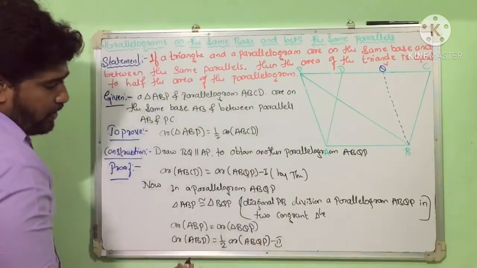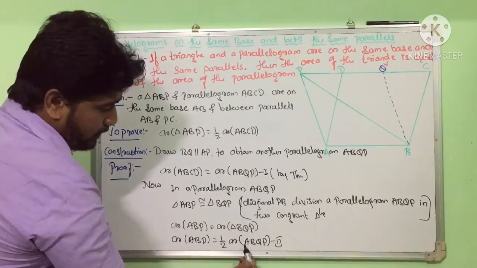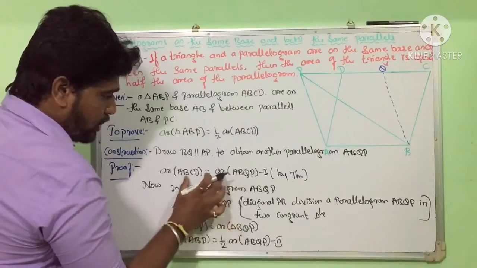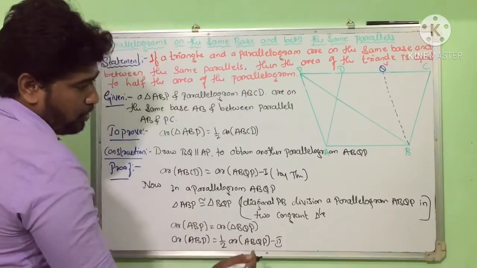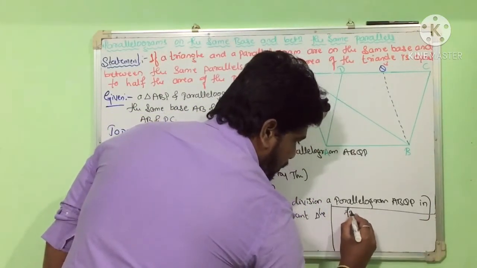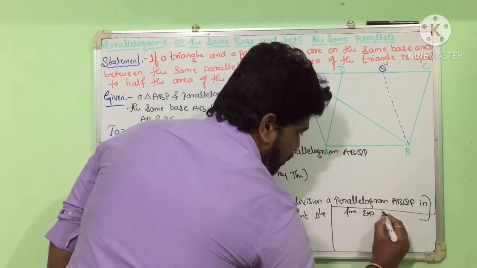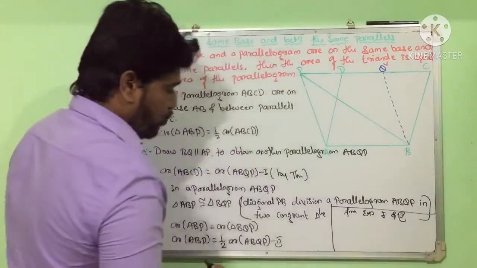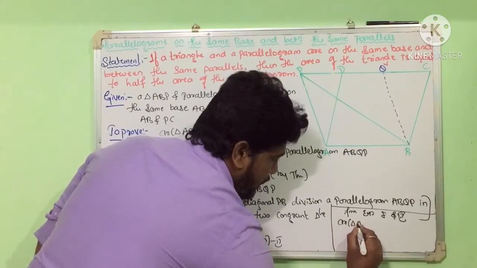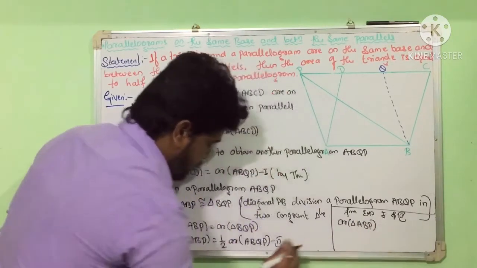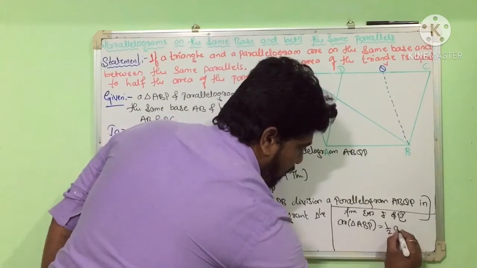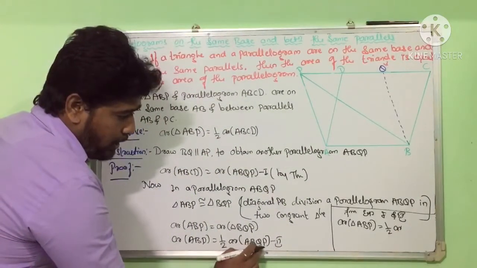So from equations 1 and 2, here instead of ABQP you can write ABCD, because these two are equal. So write down here, from equations 1 and 2, area of triangle ABP is equal to half of area of ABQP.